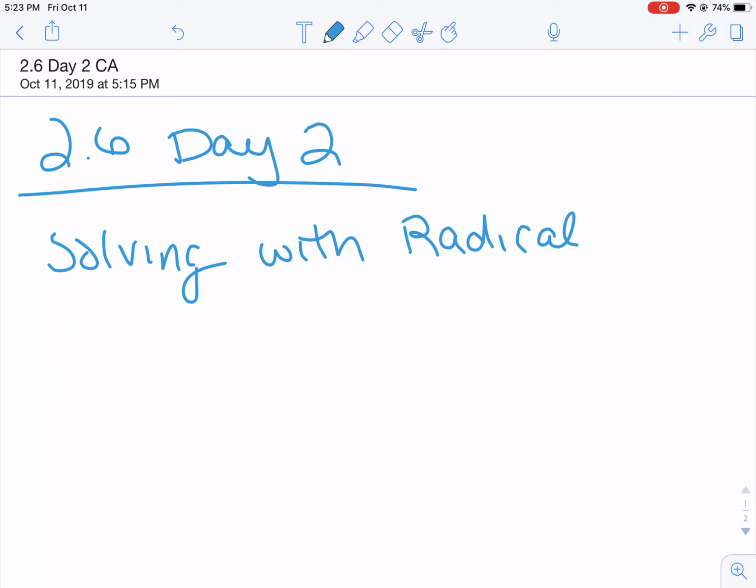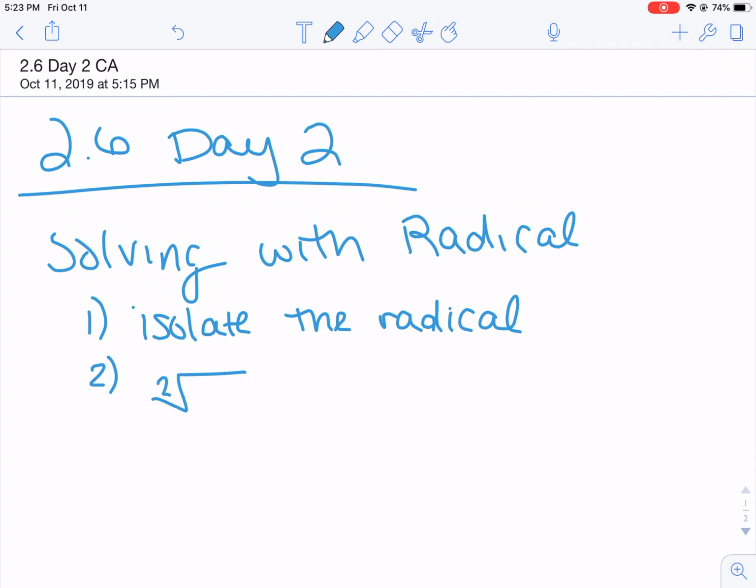So if you want to solve with radicals, we wrote down the following steps. We said you first have to isolate your radical. So get it on one side and get everything else on the other side. And then if it's a square root, you're going to square it. If it's a cubed root, you're going to cube it.